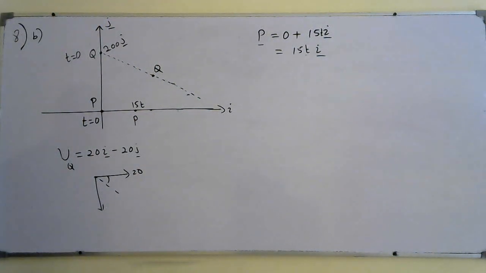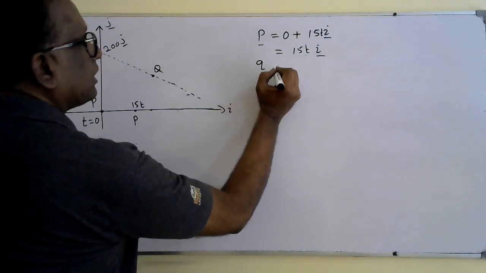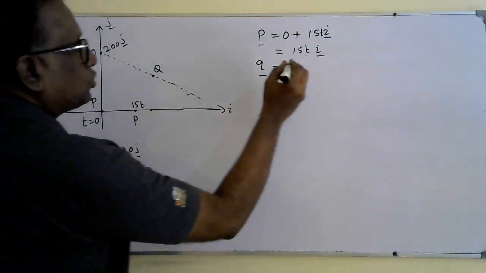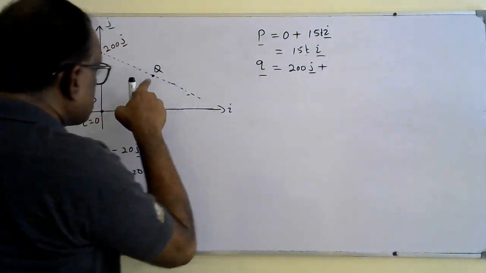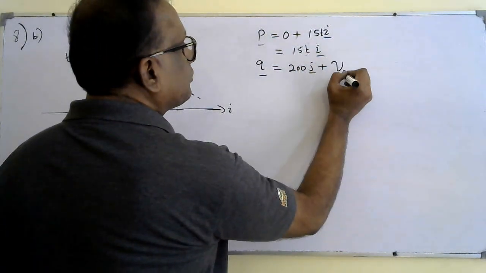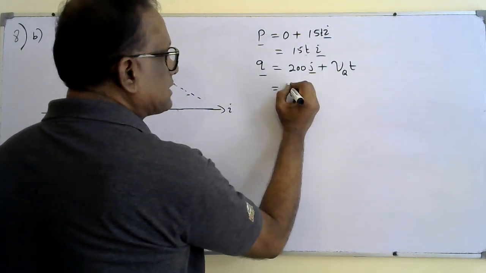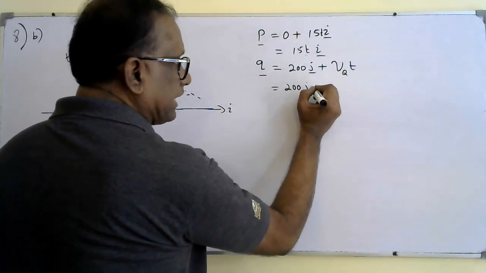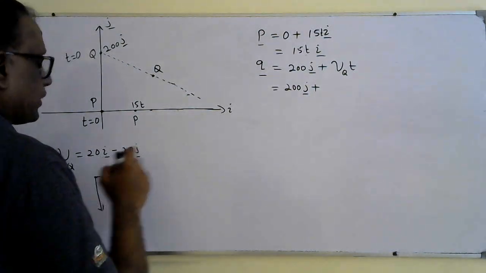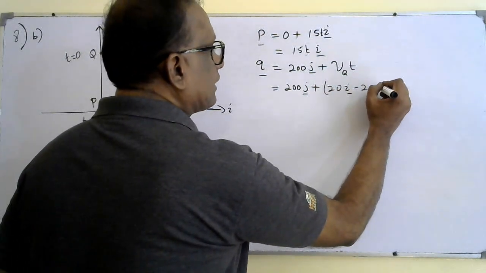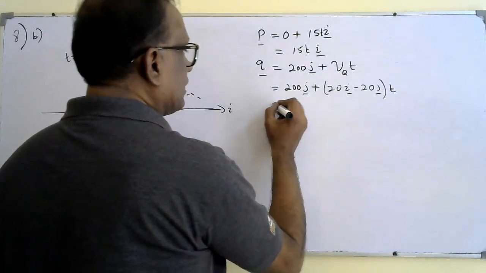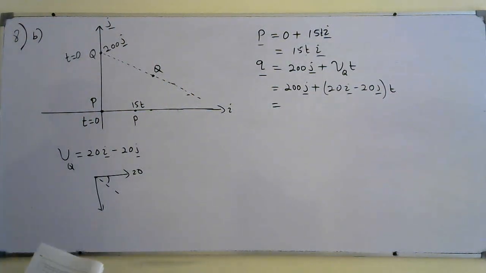What could be the position vector of Q? Q is equal to the initial position vector 200j plus the velocity of Q into time. So that is 200j plus (20i minus 20j) into t. Solve it, that's the position vector of Q at time t.